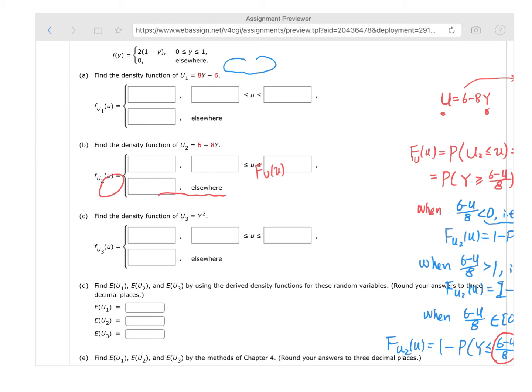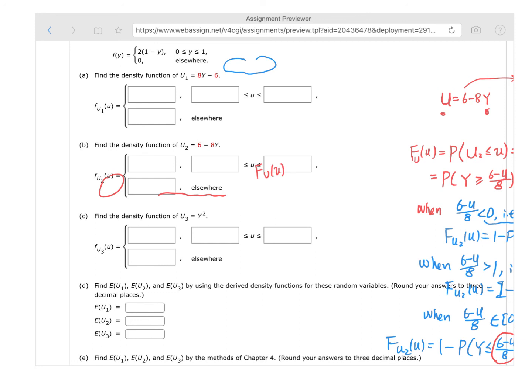If you expand it, this is 1 minus 2 times (6 minus u) over 8 plus ((6 minus u) over 8) squared. Actually, this is a perfect square: 1 minus 2 times 1 times this, plus this squared. So it's 1 minus ((6 minus u) over 8) squared.